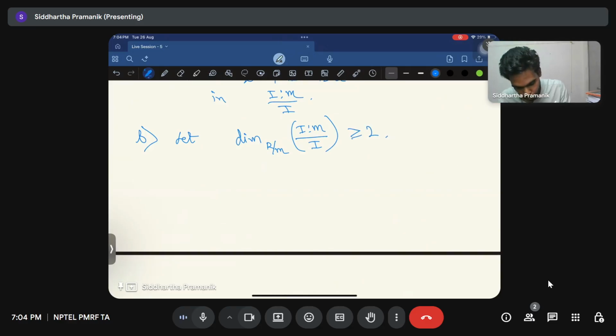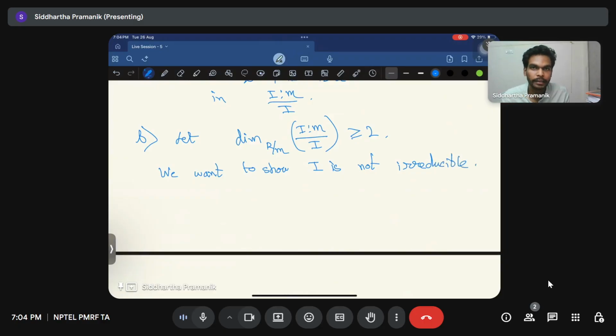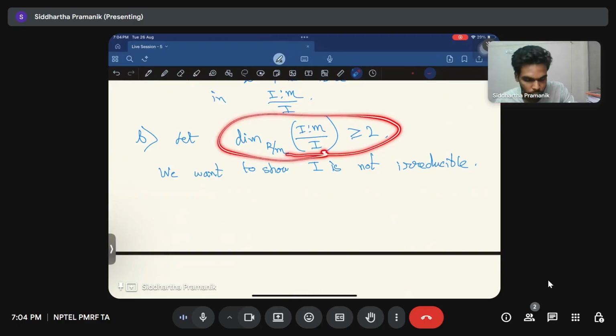So we want to show I is not irreducible. That means I cannot be written as an intersection of two proper ideals bigger than I. So this vector space has dimension at least 2, so it has two elements which are linearly independent.